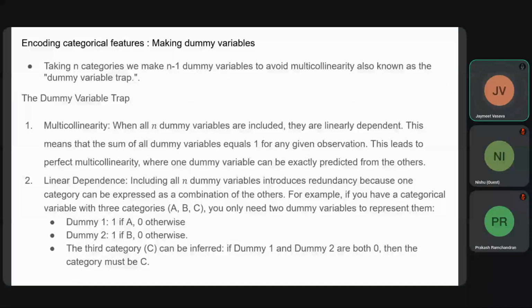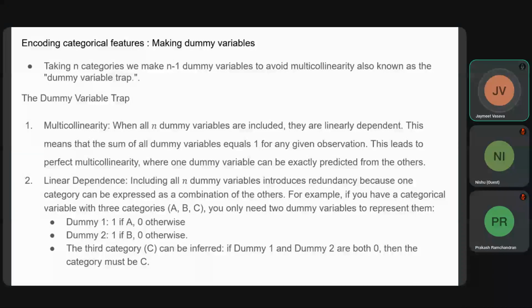Multi-collinearity is when the variables are very linearly dependent on each other. It means that the sum of all the dummy variables equals 1 for any given observation. This leads to perfect multi-collinearity, where one dummy variable can be exactly predicted from the others. Let's say there are three colors, and if it is not the first two colors, then it's the last one. That is what linear dependence means in the dummy variable trap.